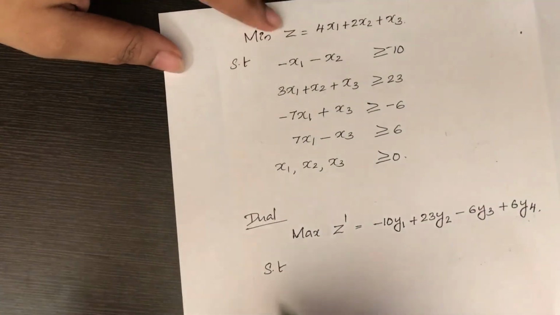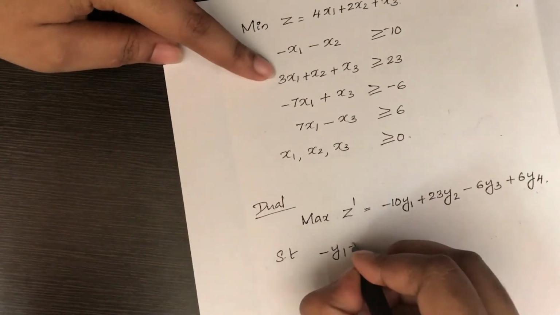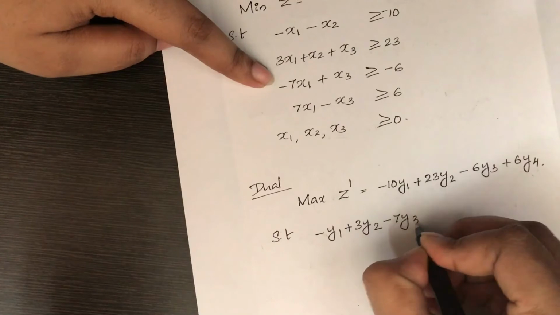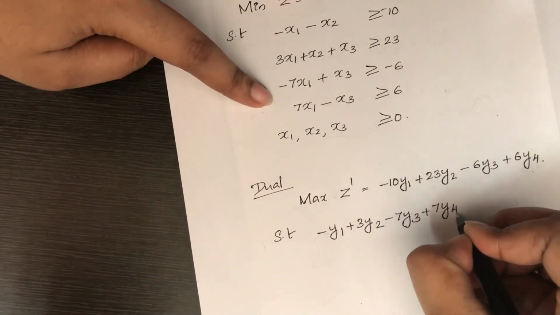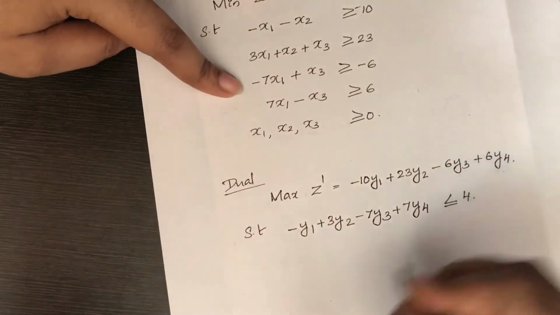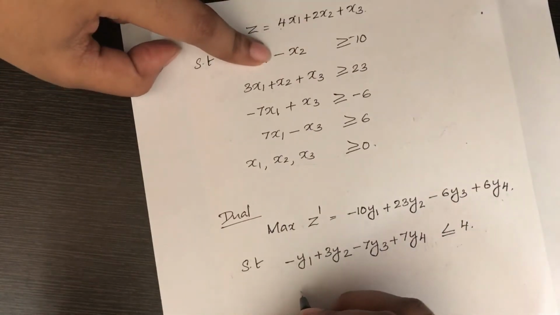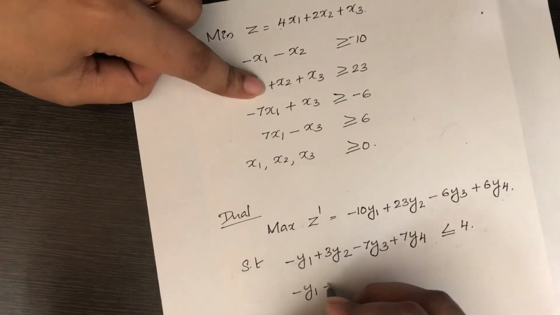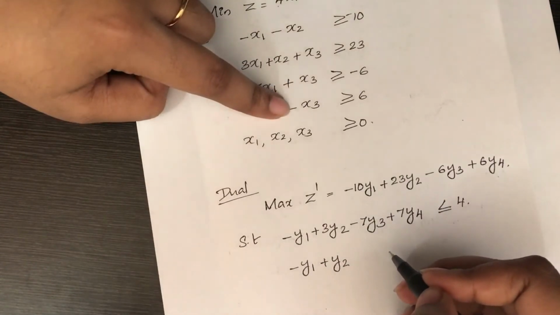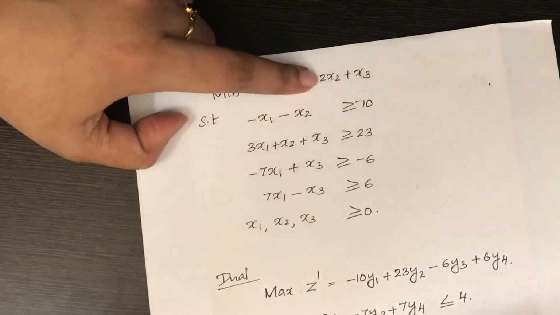Subject to: first constraint, for x1, minus y1 plus 3y2 minus 7y3 plus 7y4 less than or equal to 4. Second, for x2, minus y1 plus y2, 0y3 and 0y4, less than or equal to 2.